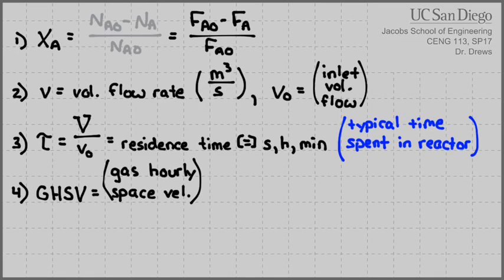The gas hourly space velocity is equal to 1 over tau if you evaluate tau at standard temperature and pressure. What do I mean by that? It means, if you just write this out, the inlet volumetric flow rate evaluated at standard temperature and pressure divided by a volume.